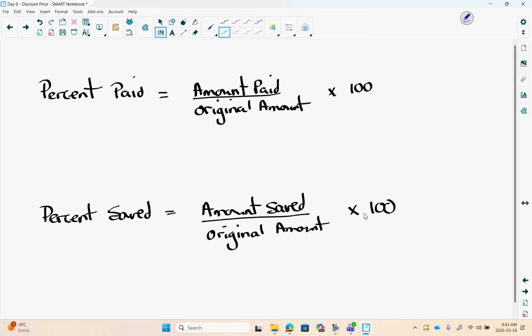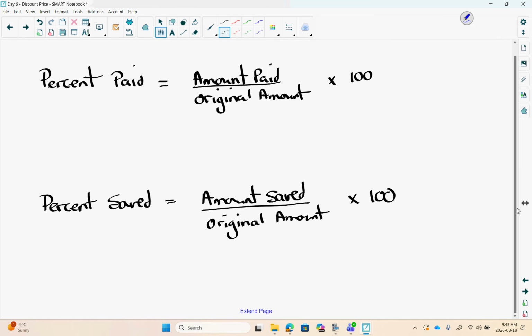And the formula that we were previously working with a few days ago, we talked about percent markup. Which was the markup. Remember, the markup was the difference between the price you're selling your items for and the price you bought them for.